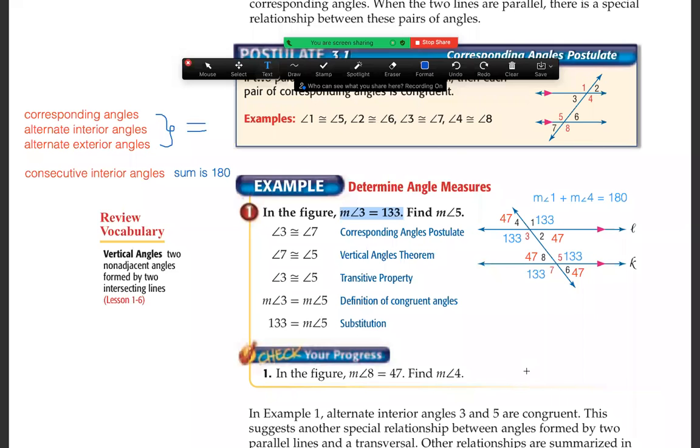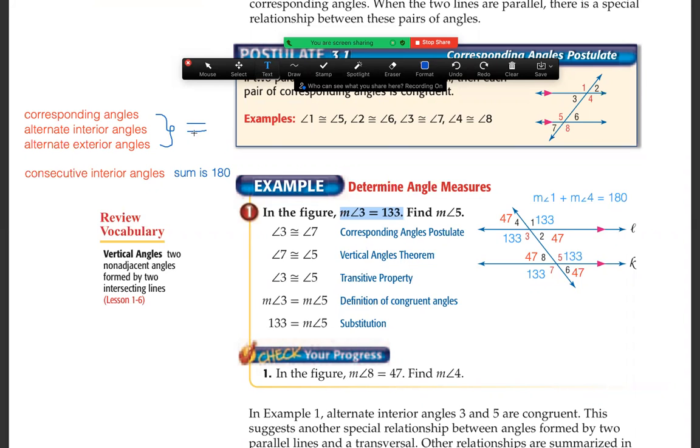If you can still remember, last time we have four angle relationships that are formed when two parallel lines are cut by a transversal. Based on the postulate, corresponding angles are equal.